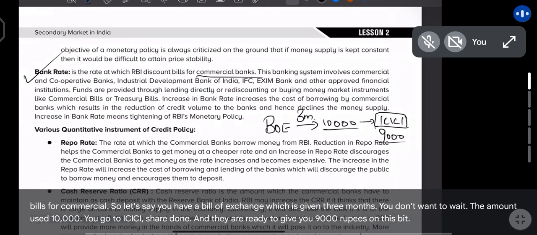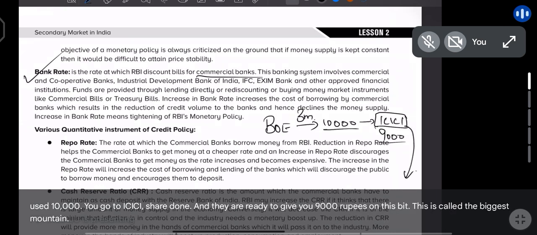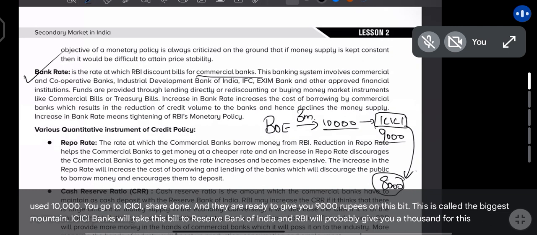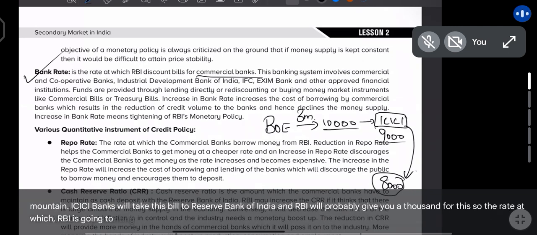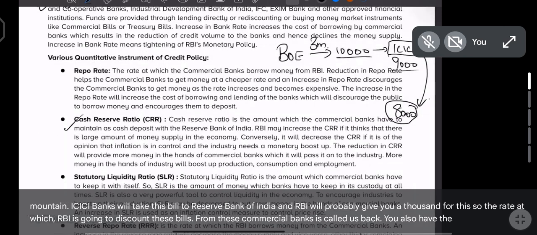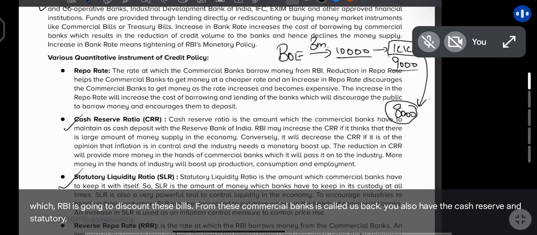This is called bill discounting. ICICI Bank will take this bill to Reserve Bank of India and RBI will probably give only 8,000 for this. So the rate at which RBI is going to discount these bills from these commercial banks is called the bank rate. We also have the cash reserve and statutory liquidity ratio, which is going to affect the credit policy.